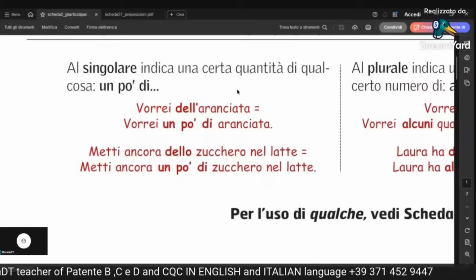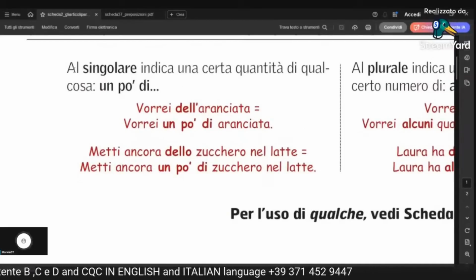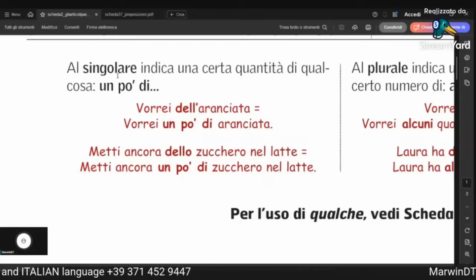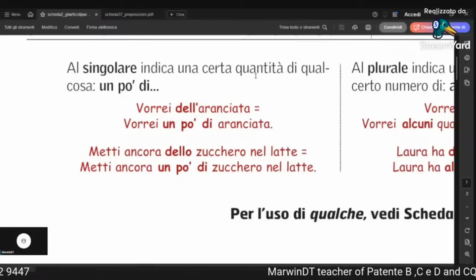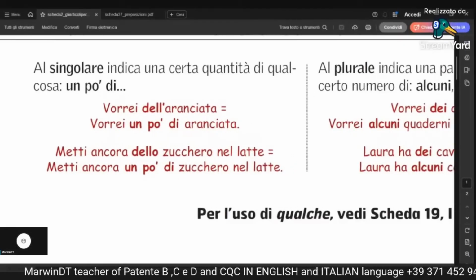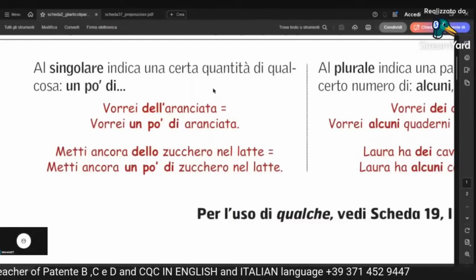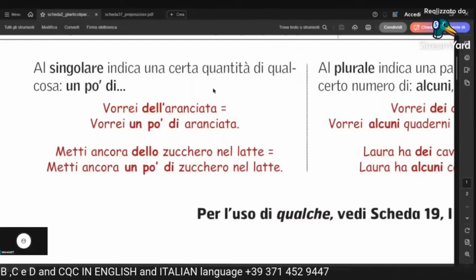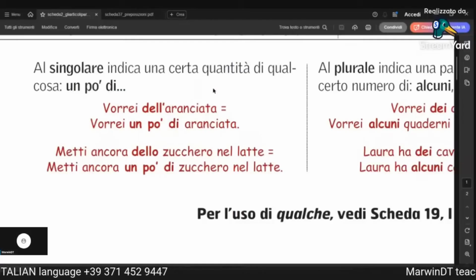So, the singular part, it says, al singolare indica una certa quantità di qualcosa. So singular, when it's talking about a single thing, it indicates a particular quantity of a thing.